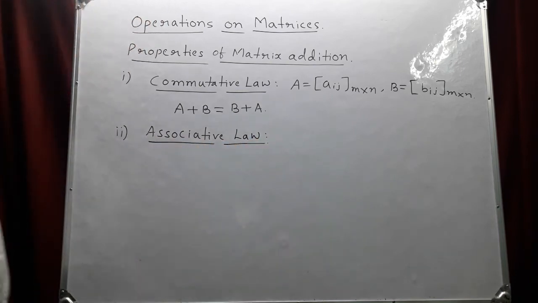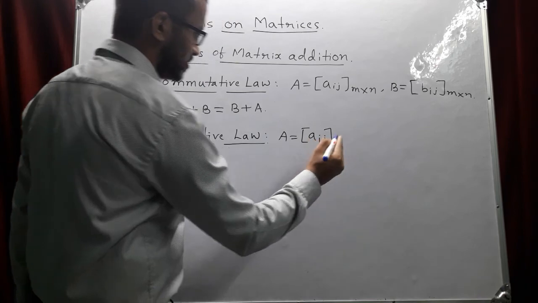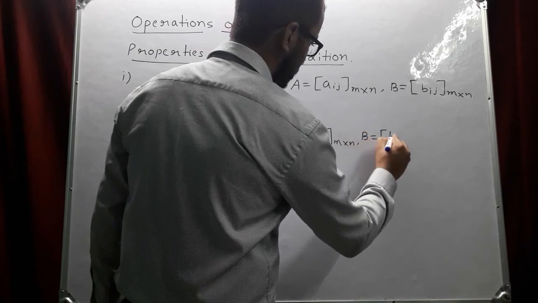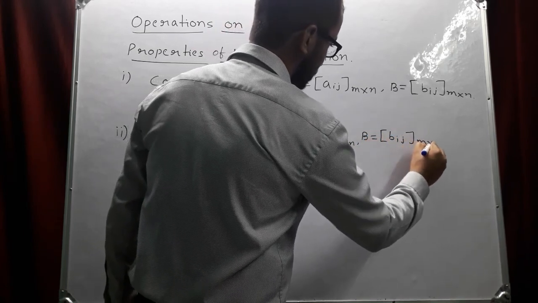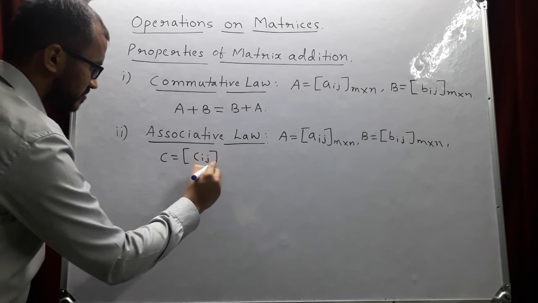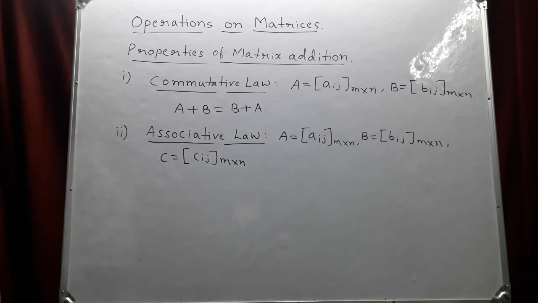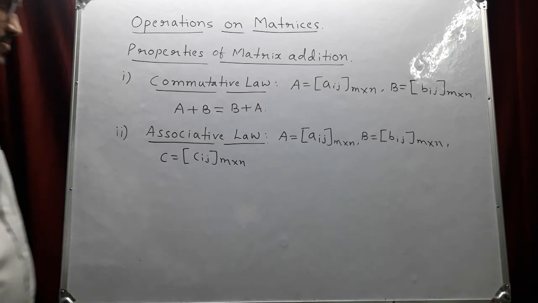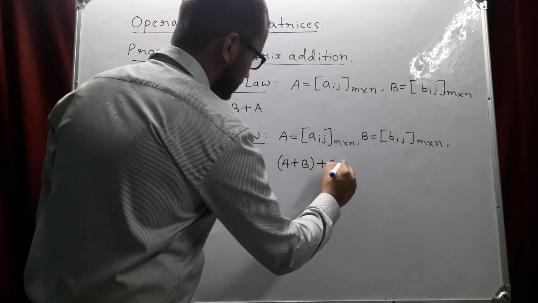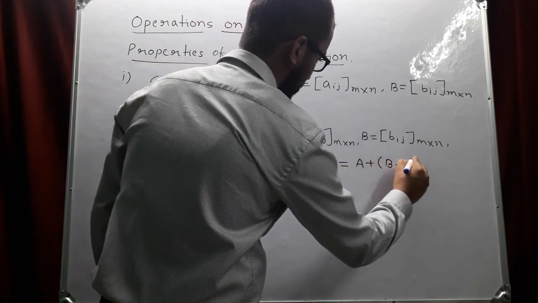Here also, if you consider any three matrices A, B and C of the same order, say m by n, then A plus B plus C is the same as A plus B plus C with the grouping changed.